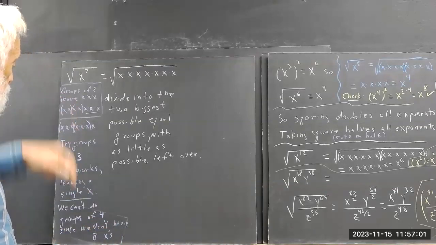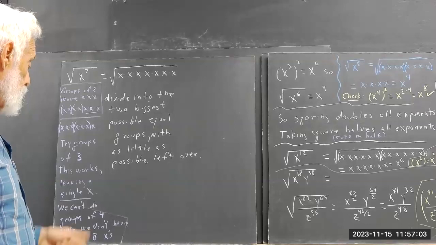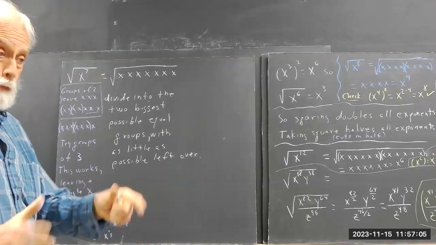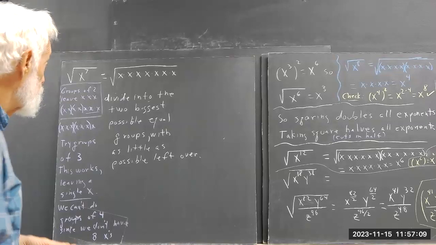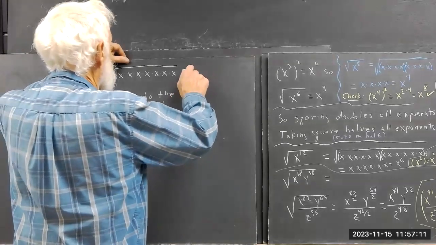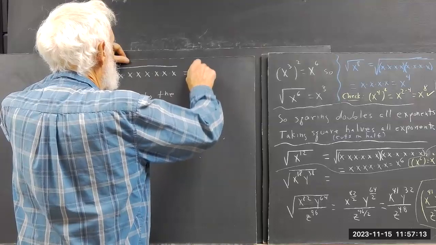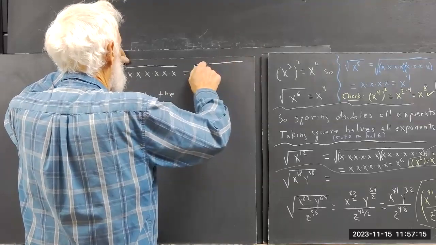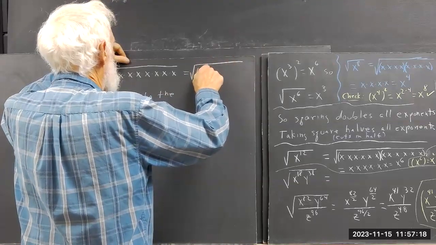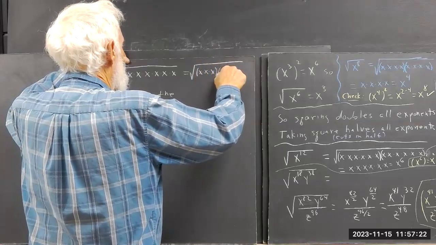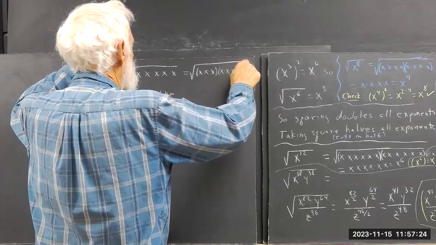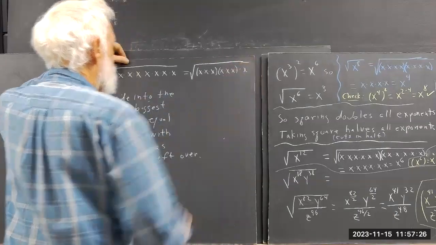Don't have 8 X's, we only got 7. And to do 2 groups of 4, only 4 makes 8. Okay. So we can now say that this equals this.